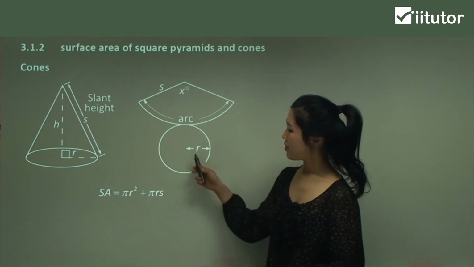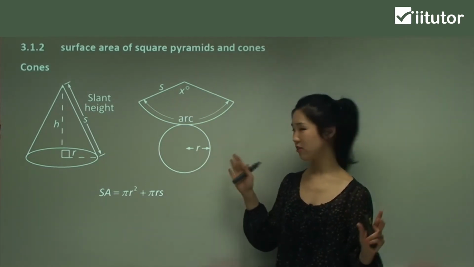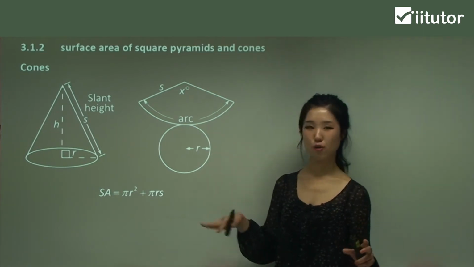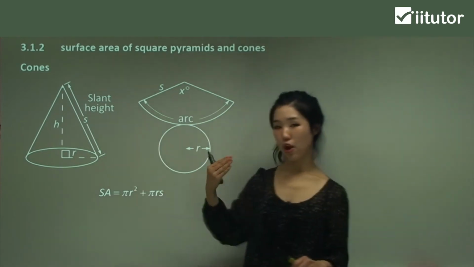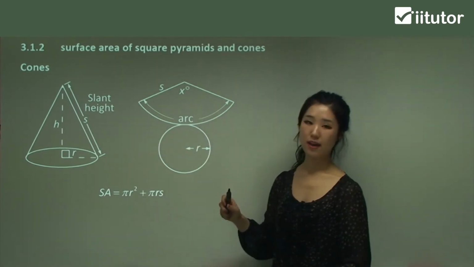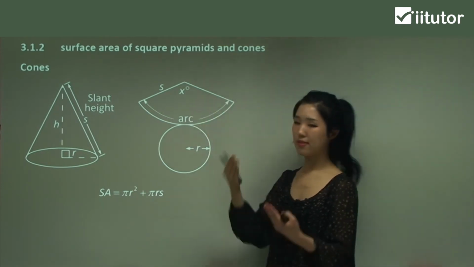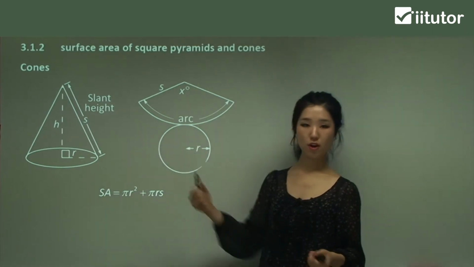Now this diagram shows us the cone opened up. So we're basically showing you a net of the cone. All right. So see the outside curved part of that cone? If I open that up, this is what it's going to look like. And if you have a piece of paper like that, and you curve it back into shape, you'll get something like a cone, isn't it?